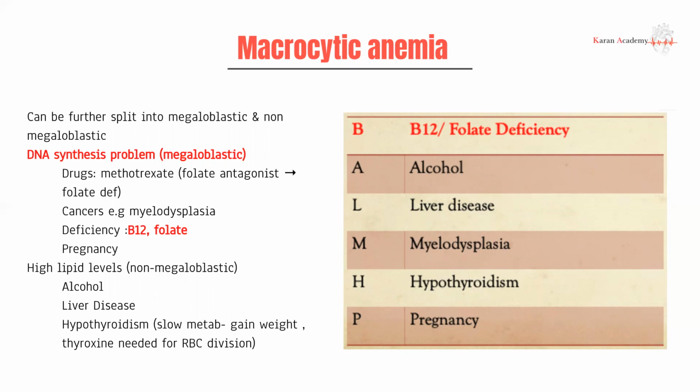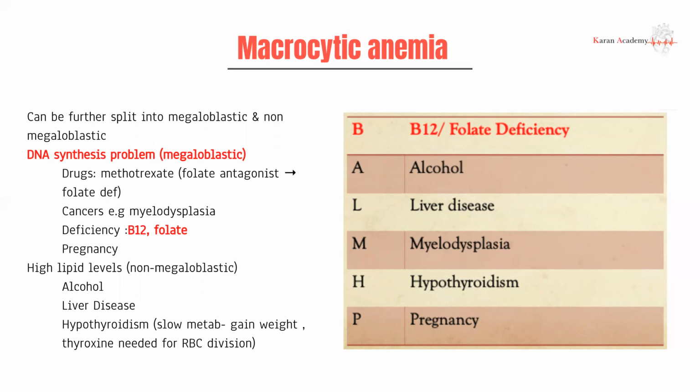So everything here fits in somewhere along the developmental pathway. When we have issues with DNA synthesis, we produce weird-looking nuclei, and that's going to cause megaloblastic anemias. Drugs, cancers, and B12 and folate, which you know are important for DNA synthesis, are all examples of megaloblastic anemia.